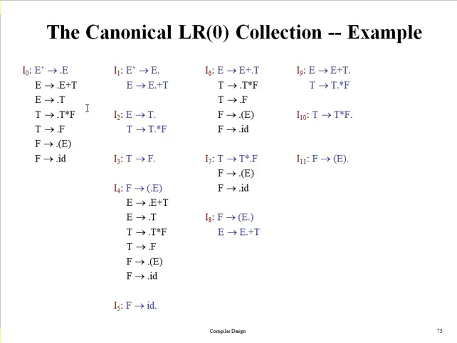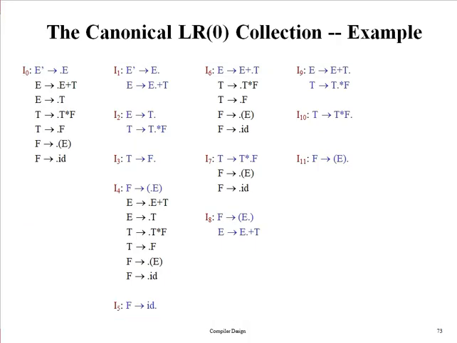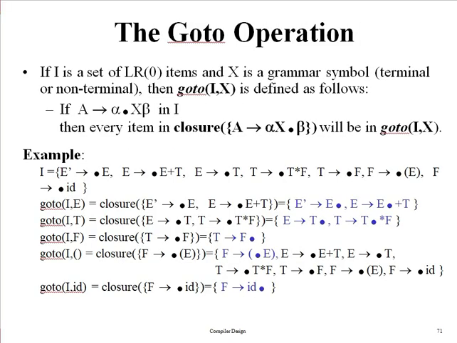So here, for the given grammar, this I0 is created by applying the closure operation on the first item, as we have seen in the previous example.